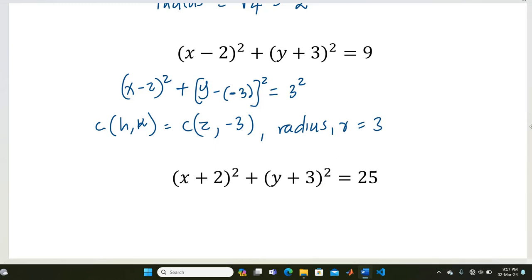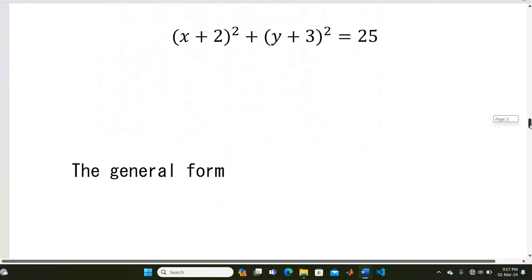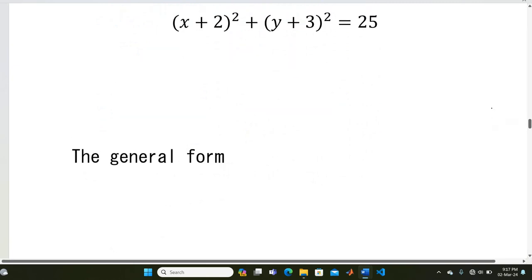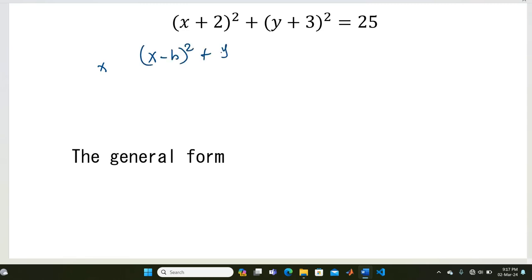Let's go to another part and we do another example. Here we have x plus 2 squared, then plus y plus 3, everything squared equals 25. Now what do we do here? We also arrange it in the form of x minus h squared plus y minus k squared is equal to r squared.